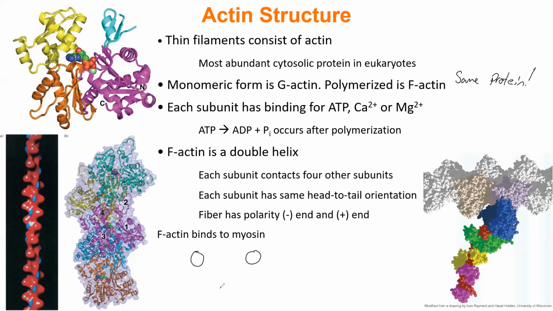G-actin are monomers, where you just have actin by itself in a globular form. And these can interact with each other to form a fiber that's called F-actin. And these can interconvert, right? F-actin can break apart and go back to G-actin. G-actin can come together to form F-actin, right?